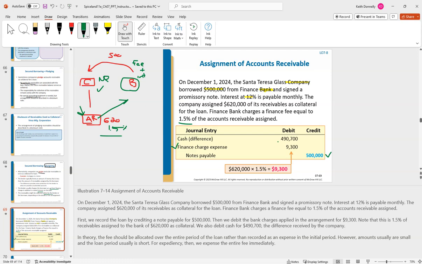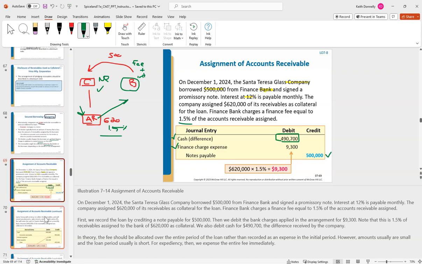And the difference here is going to be the cash that we get. So it's like 500, but because 9,300 is going to be the expense, the net amount on that is going to be 490. So debit cash, we get 490. We got an expense there of 9,300. We owe eventually 500,000 on this.